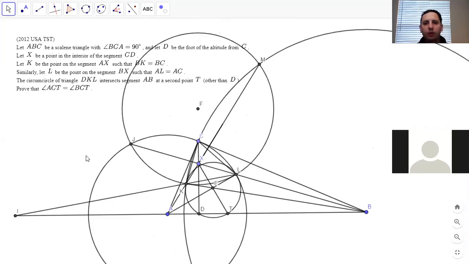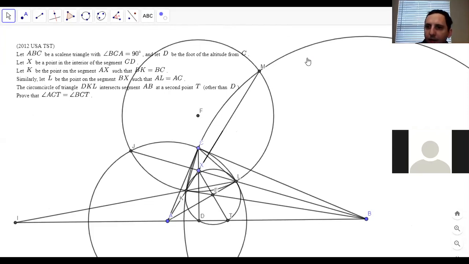Okay. Say this one more time. So did you know before that if F is the orthocenter, then it's the center of the circle?